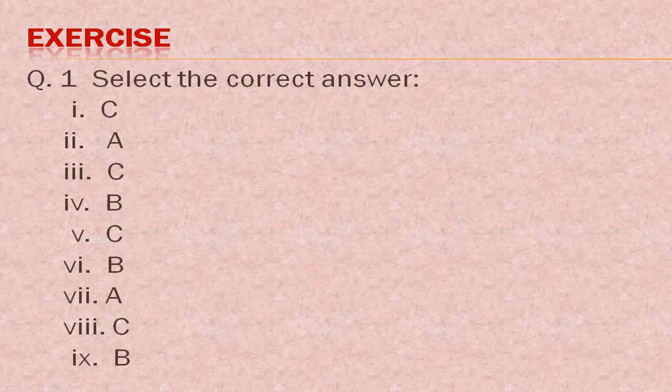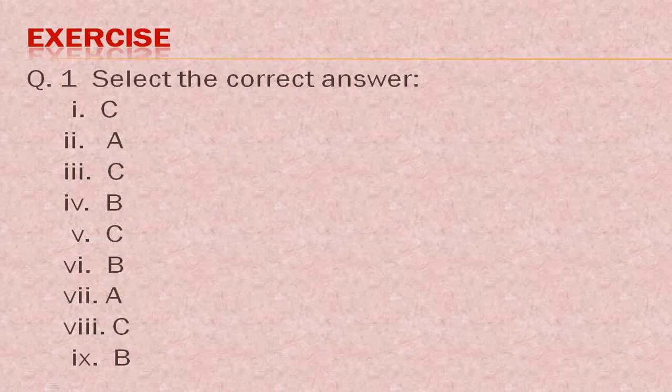Number 2. Liver secretes bile into the duodenum, ileum, jejunum, or peritoneum. It is A, the duodenum. Number 3. Emulsification of fat will not occur in the absence of lipase, bile pigments, bile salts, or pancreatic juice.